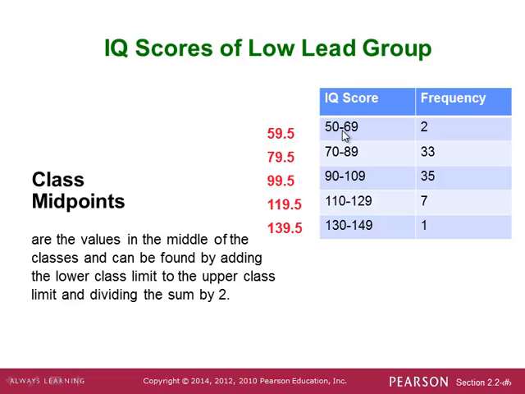So 50 plus 69 divided by 2 is 59.5. 70 plus 89 divided by 2 is 79.5, and so forth. So these are your class midpoints, the number that's exactly midway between the lower and upper class limits.